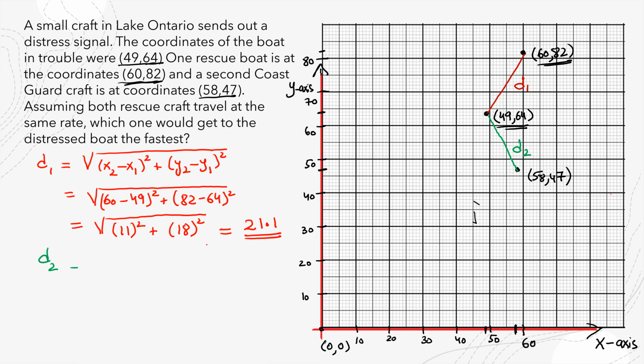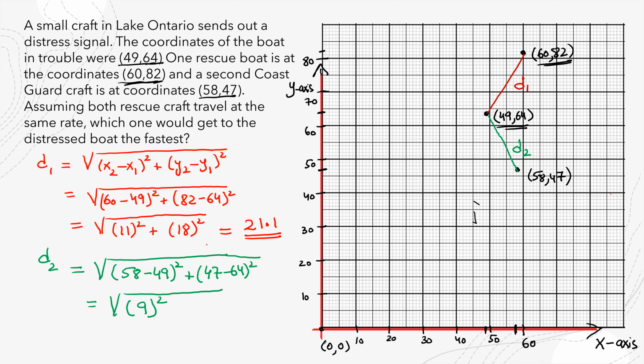Similarly, we can find the distance d2. d2 is again using the same formula of x2 minus x1. In this case, x2 is 58, so 58 minus 49 squared plus 47 minus 64 squared. Simplifying, this is equal to the square root of 9 squared plus (minus 17) squared.